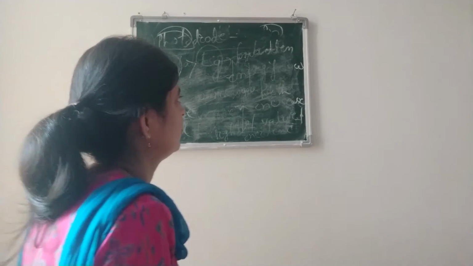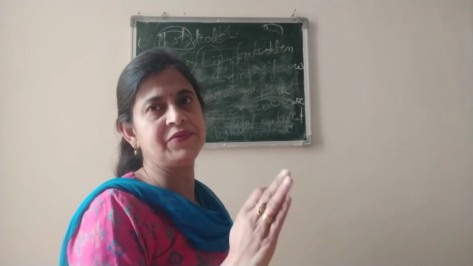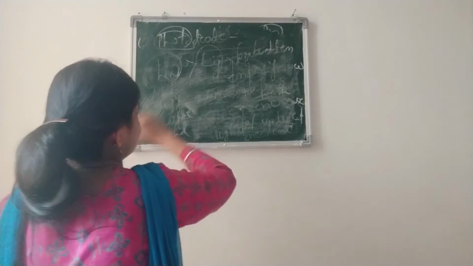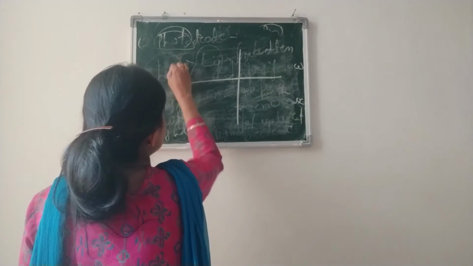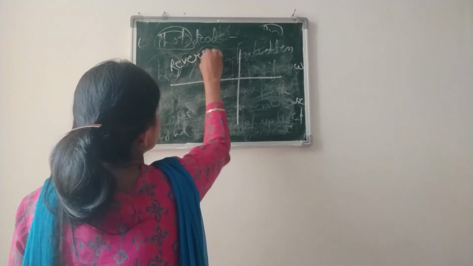Now, if you study the VI characteristics of the photodiode, what will be its nature? This is in reverse bias.